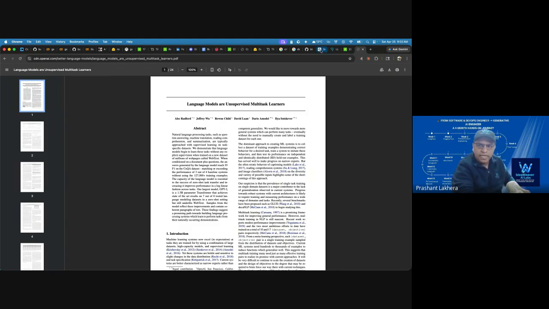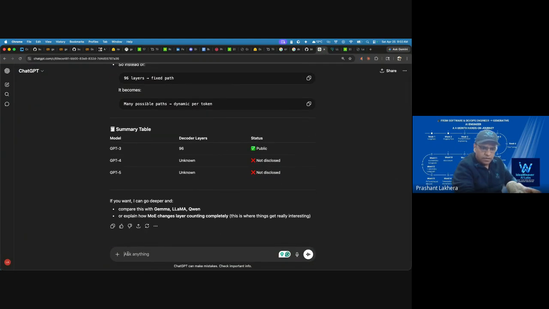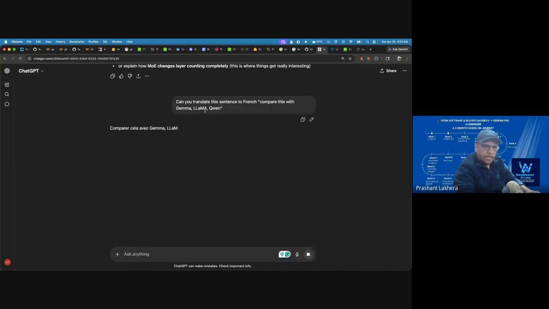A simple example I can give you: translating a sentence to French, where I can pick any sentence, like this one. Nowadays all the LLMs are capable of performing these tasks, and we don't have the encoder.